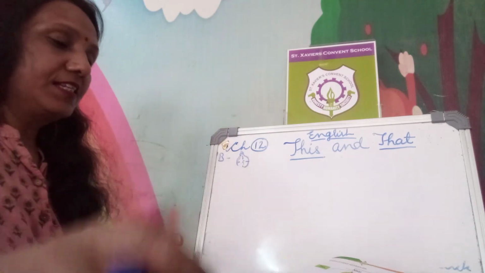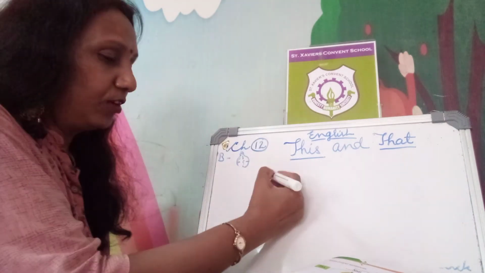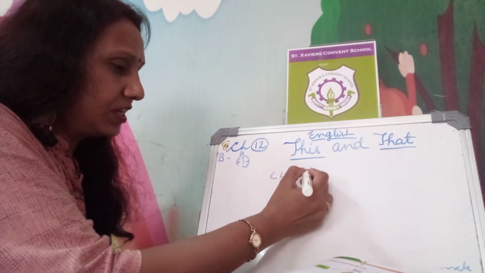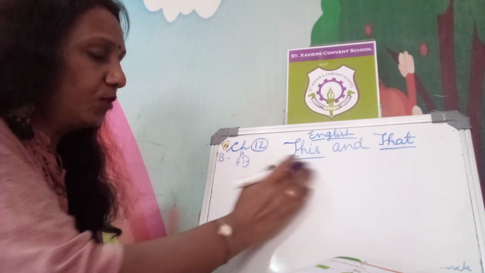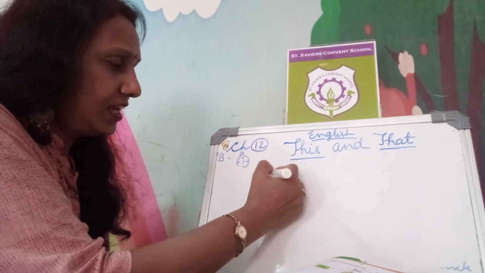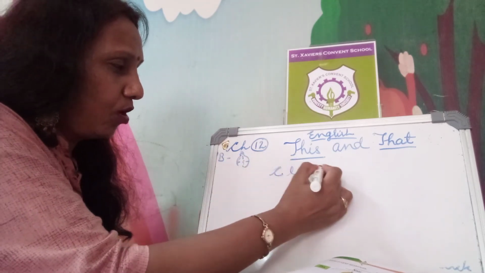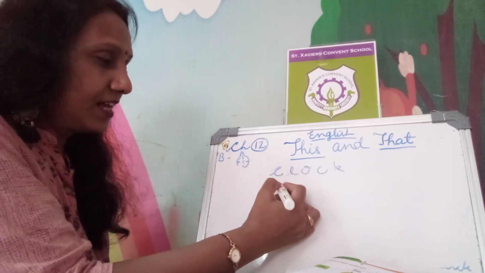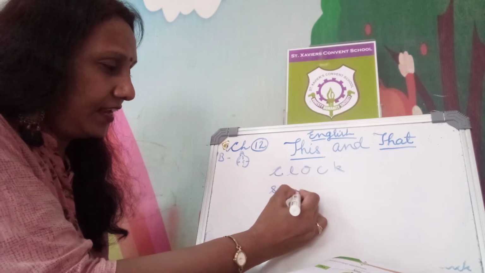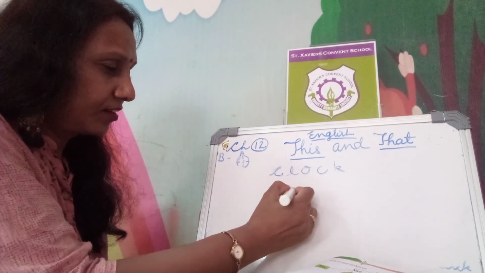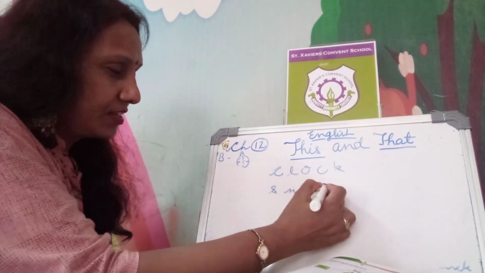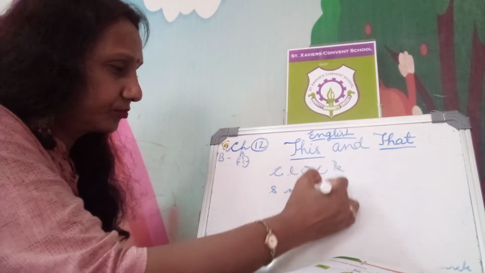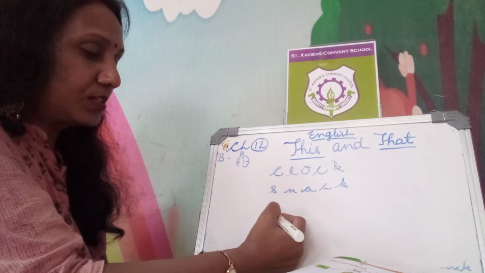So this is a clock. Spelling of clock, CLOCK. Or you may write in small letters in different blocks. That is a snake. SNAKE. Next is what?